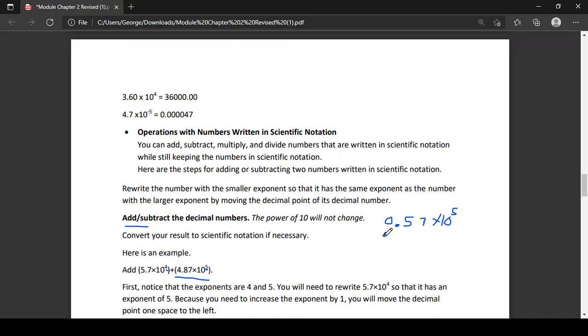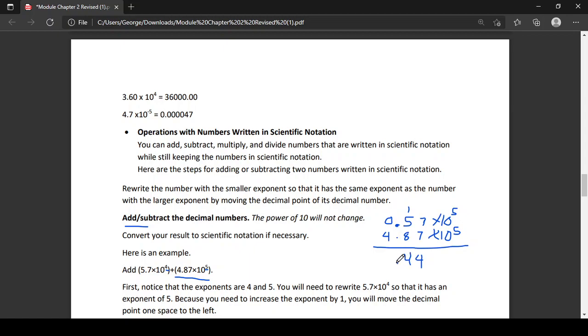4.87 times 10 raised to the power of 5. 7 plus 7 is equal to 14. 5 plus 8 is 13, carry over the 1, therefore 14.